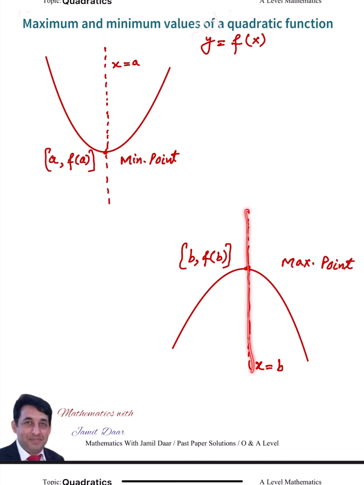Line of symmetry means you have found the value of the x coordinate of the turning point.